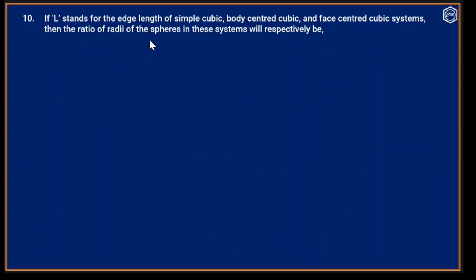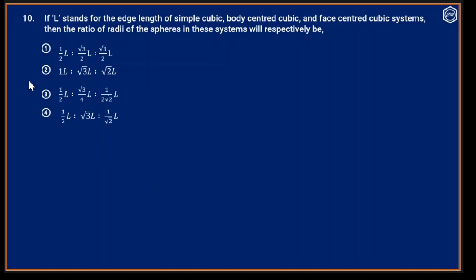If L stands for edge length of simple cubic, body-centered cubic and face-centered cubic systems, then the ratio of radii of the spheres in these systems will respectively be 1 half L, root 3 by 2 L, root 3 by 2 L; 1 L, root 3 L, root 2 L; option 3 and option 4.